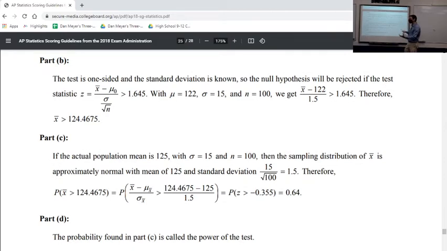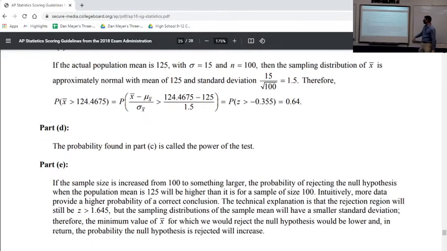And then part E was asking if we change the sample size, how is that going to affect power? Well, we talked about how if the sample size is increased, then the probability of rejecting a null hypothesis will be higher.